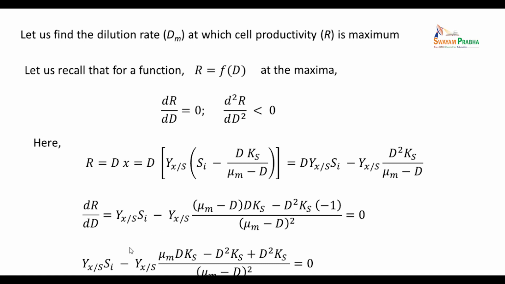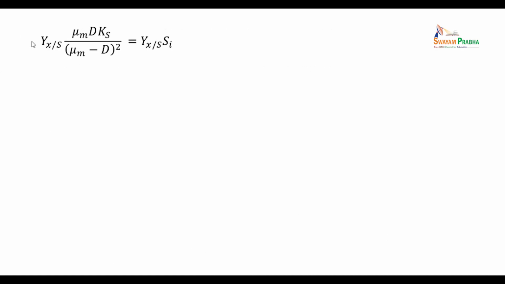Therefore, we get Yxs Si minus Yxs, just grouping the terms appropriately, times mu m 2D Ks minus D squared Ks plus D squared Ks. These two are going to drop out, times (mu m minus D) squared equals 0, and that is what we have here.